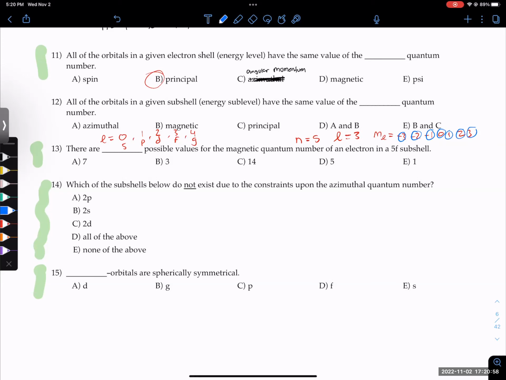The question asks for the possible values for the magnetic quantum number, M sub L. There are 7 possible values, so the answer would be 7. And if it asked for the max number of orbitals in the 5F subshell, you would say 7 as well, because each of these M sub L values corresponds to a single orbital.